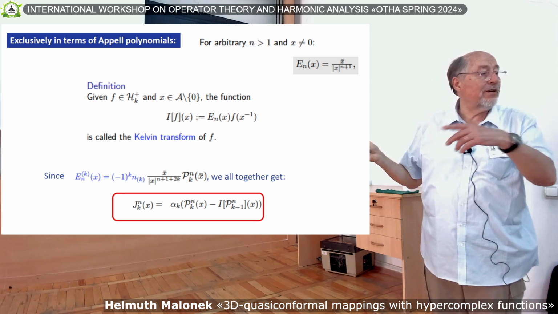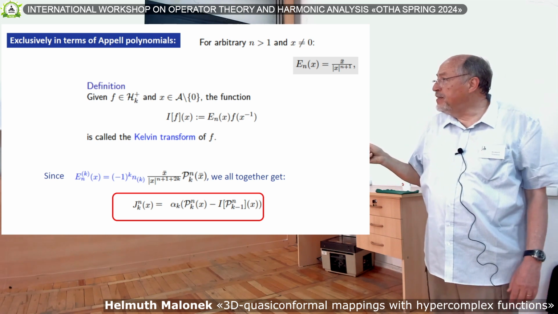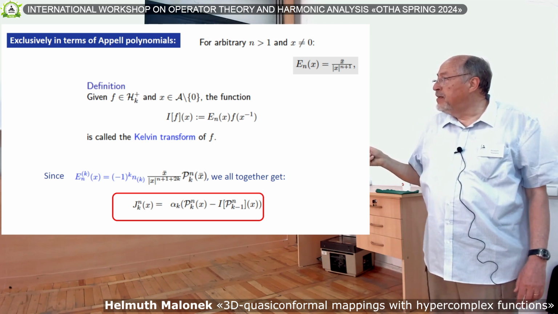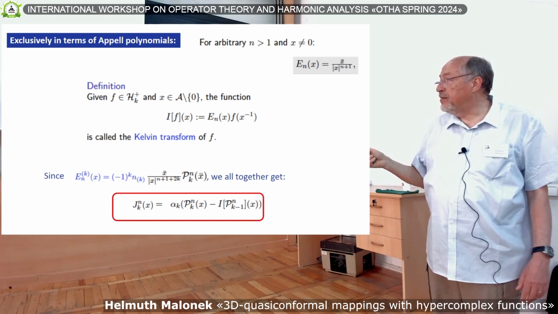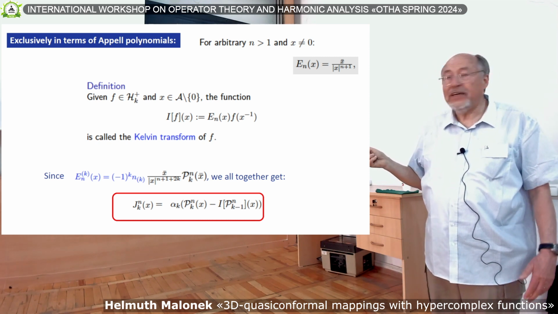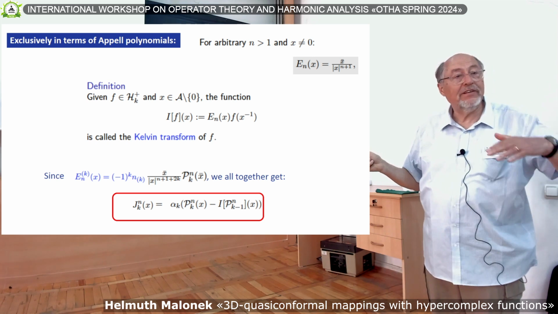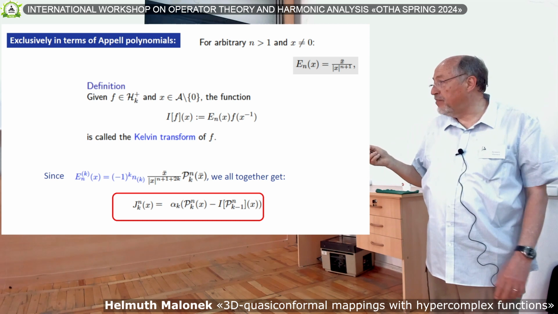Yesterday it also appeared in one talk, but from the real point of view. And then what is interesting is that this fundamental solution, the Cauchy kernel, in fact generalized, is the basis for getting the Kelvin transformation. The Kelvin transformation gives you a transformation from outside to inside of the circle and vice versa.